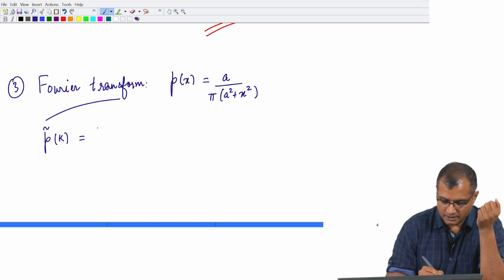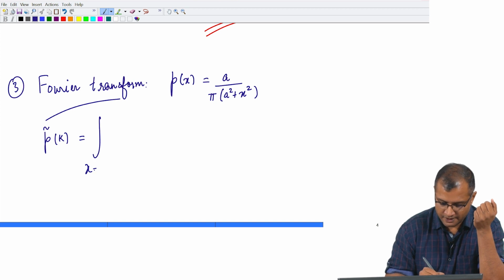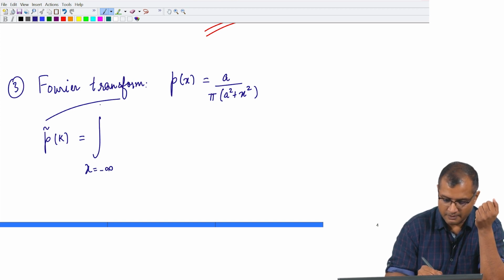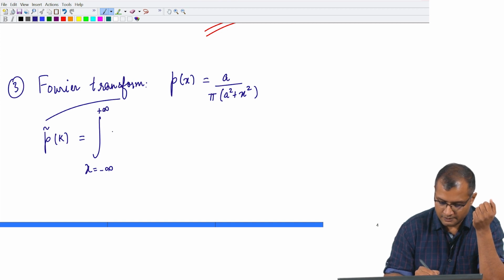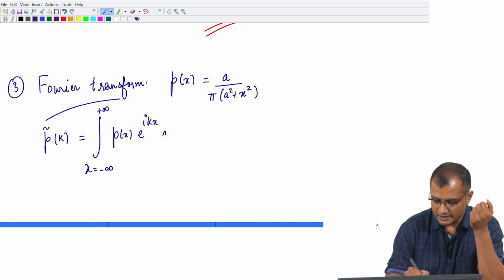is nothing but the integral, x going from minus infinity to plus infinity, p of x e to the power i k x dx.